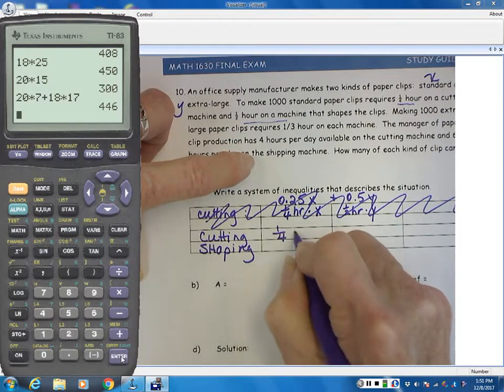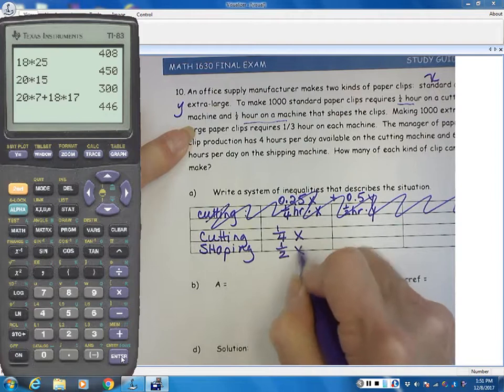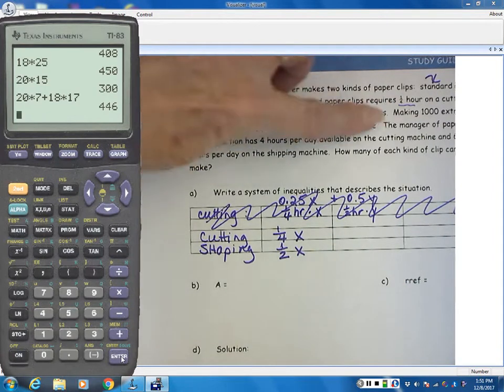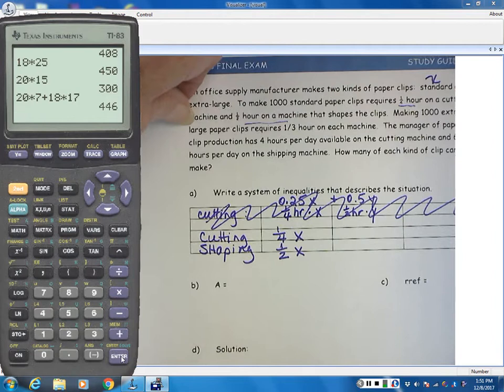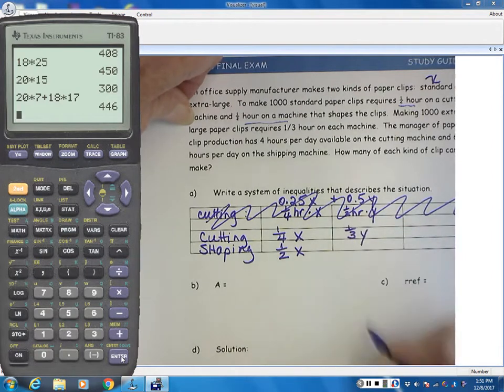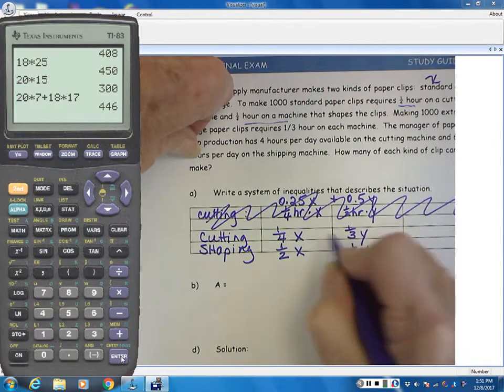So 1/4 times X and 1/2 times X were the two times. And then making 1,000 extra large paper clips takes a third of an hour on the cutting machine and a third of an hour on the shaping machine.